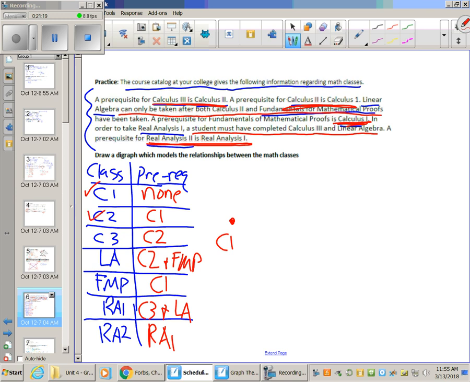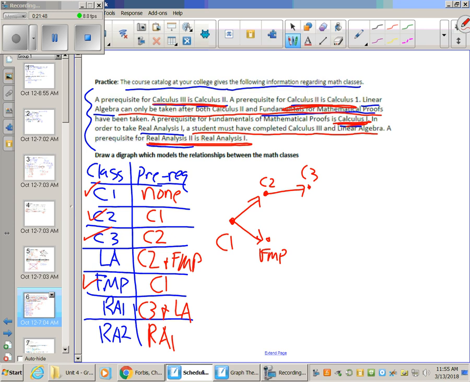How about Calc 2 and fundamentals of mathematical proofs? So Calc 1 branches off to Calc 2, and it branches off to fundamentals of mathematical proofs. So we've done those two. Okay, what branches off of Calc 2? How about Calc 3? Calc 3 has a prereq of Calc 2.